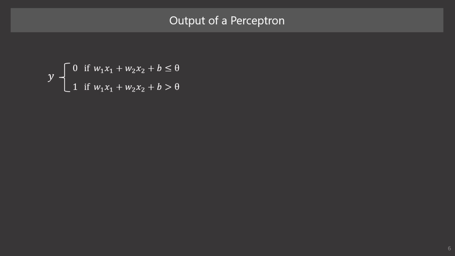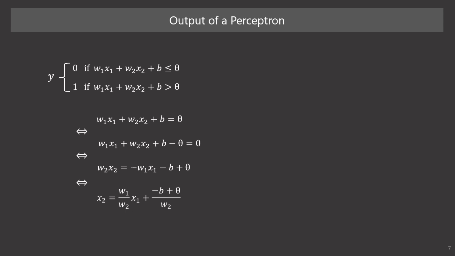Let's go back to how to find the output in a perceptron. We can find it by these expressions. Here, bias B and threshold theta are constants. So, we have only two variables, W1 and W2. Some of you may feel it is a complex operation, but let's transform the equation step by step.